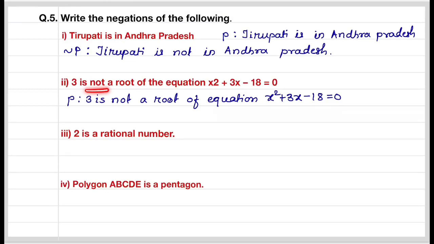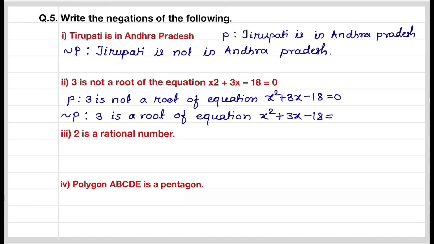Here not is already operated on the statement. So when doing negation, where to remove it? Negation of P: 3 is a root of the equation x square plus 3x minus 18 is equal to 0.